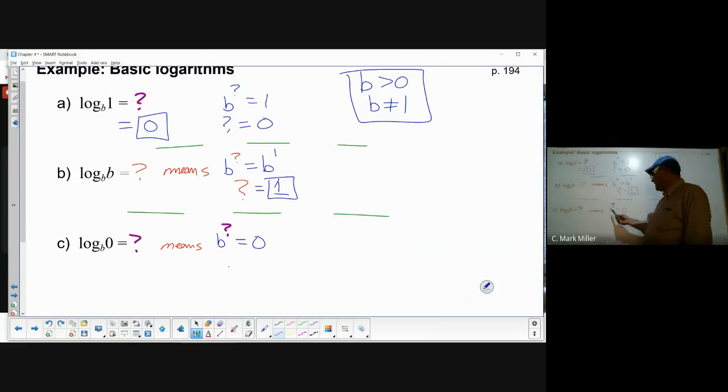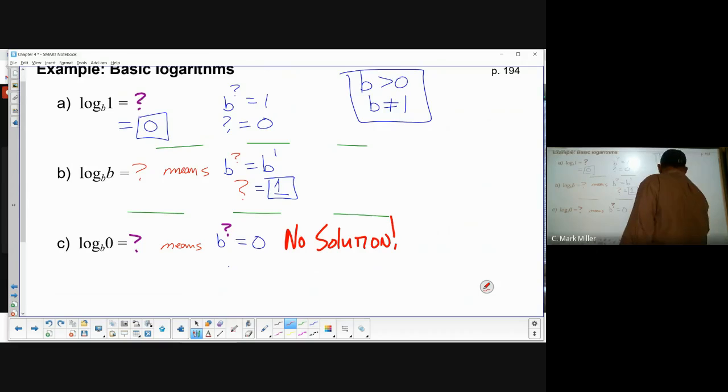The only way you can raise a number to a power and get 0 is if the number is 0. But B can't be 0 because it's a base of a logarithm. So he is absolutely correct. No solution.